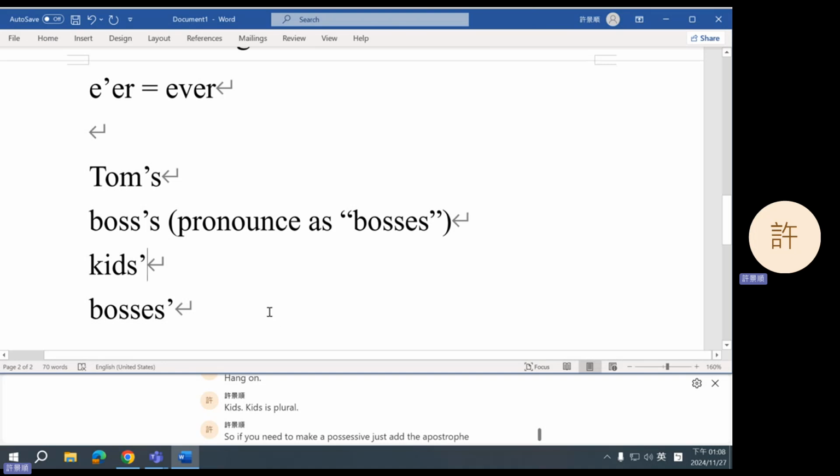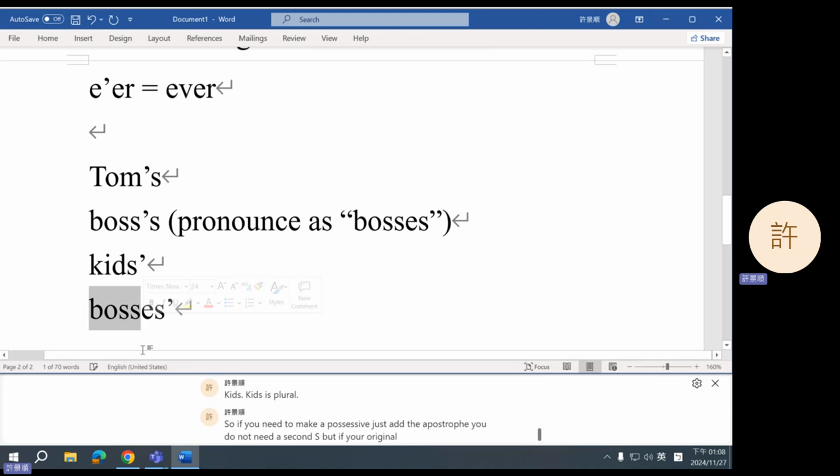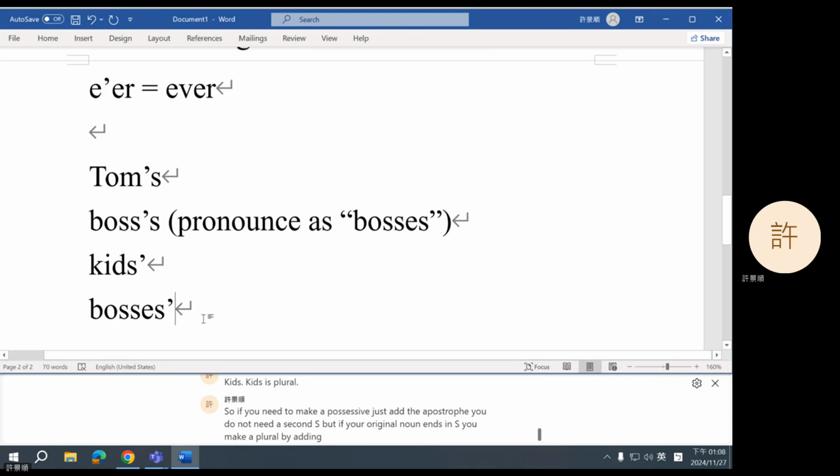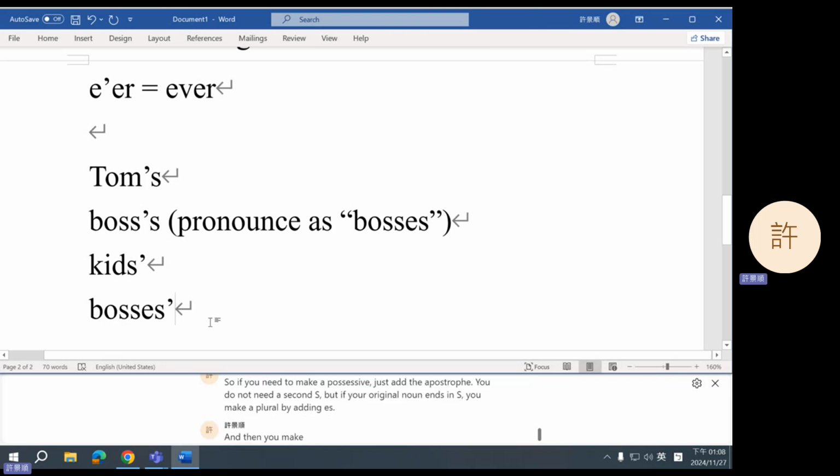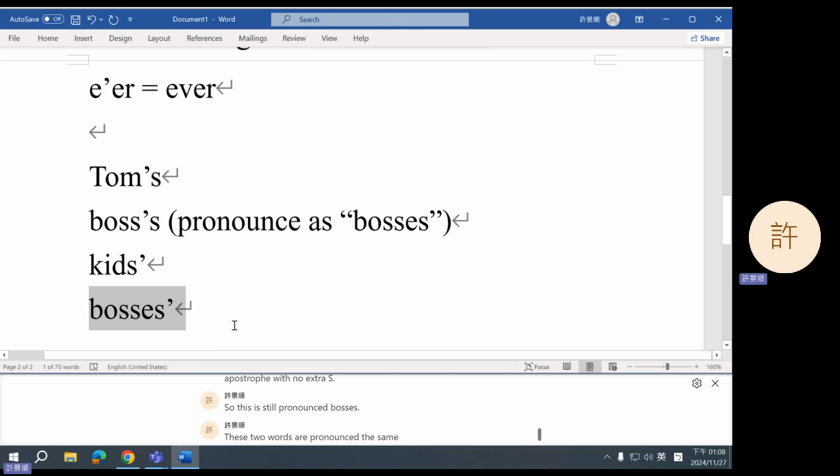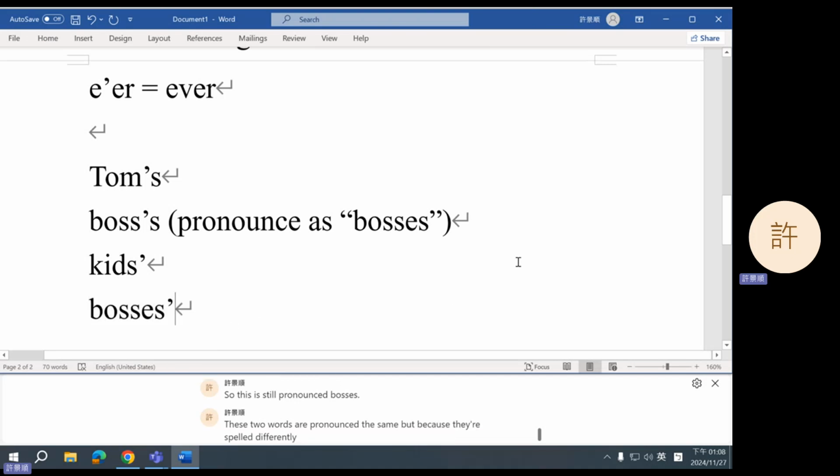You do not need a second S. But if your original noun ends in S, you make a plural by adding ES, and then you make a possessive of the plural by adding an apostrophe with no extra S. So this is still pronounced bosses, right? These two words are pronounced the same, but because they're spelled differently and because the apostrophe is put in a different place, the meaning is different.